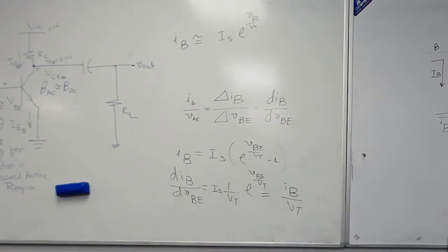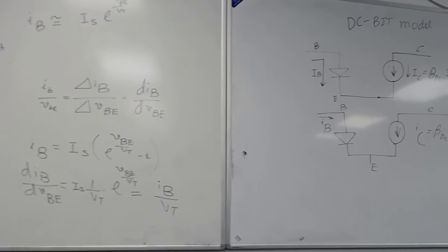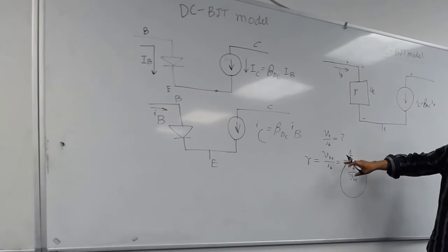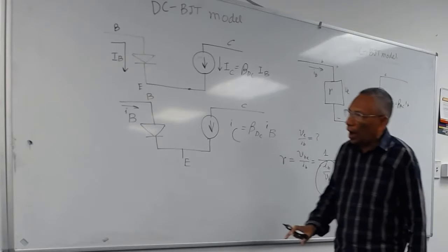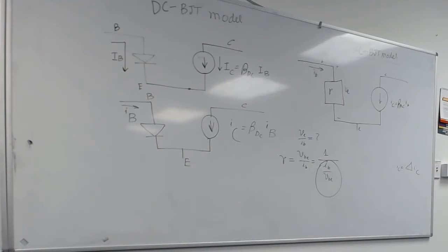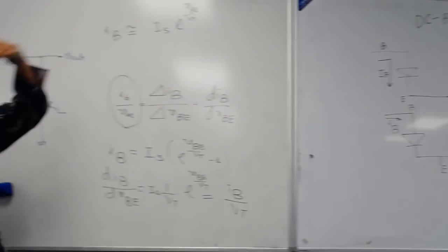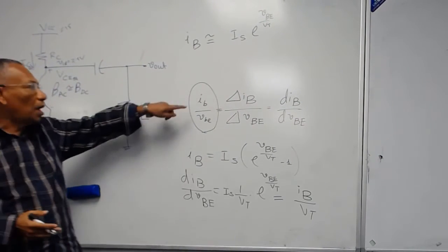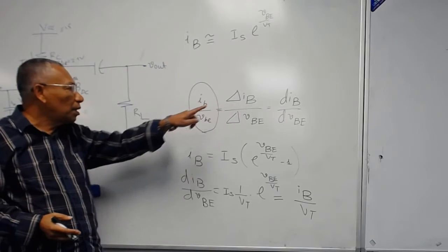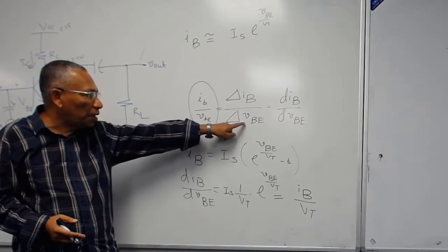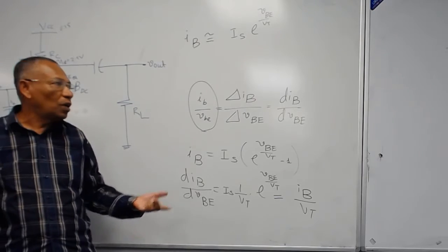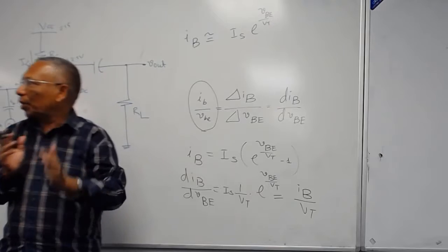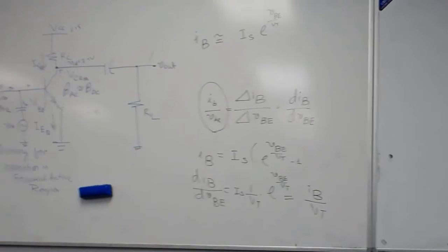So, here we said that we wanted to find what this resistance is, which is the relation between VB by IB flowing here. Then from this I wrote like this, and from here I went here. As per our discussion in the previous hour, IB is delta small I big B, VB is delta small v big B, and the delta can always be incremental because you are talking about small gaps.